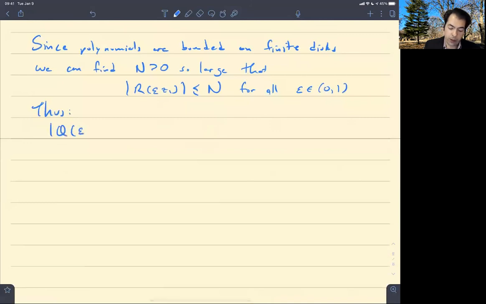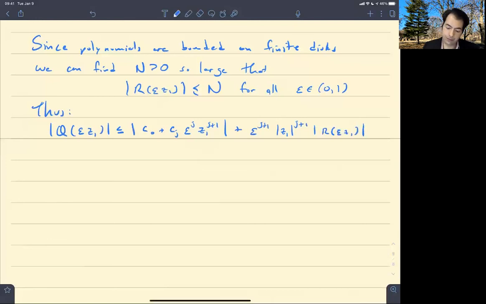We take Q of epsilon C1, and we're going to bound this by, well, keeping the first two terms. So epsilon to the j, C1 to the j plus 1, and then the other term. In modulus, I can bound this polynomial by the sum of these two terms.